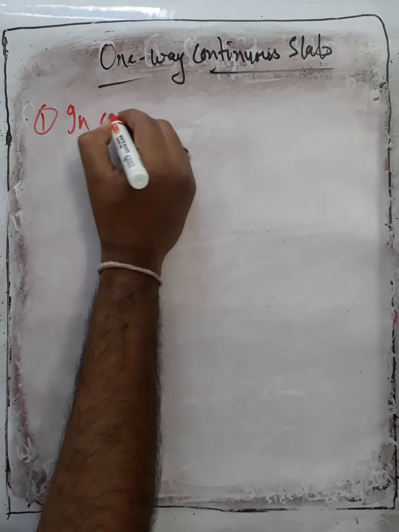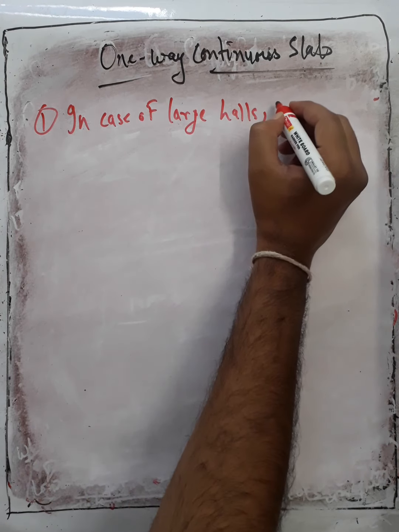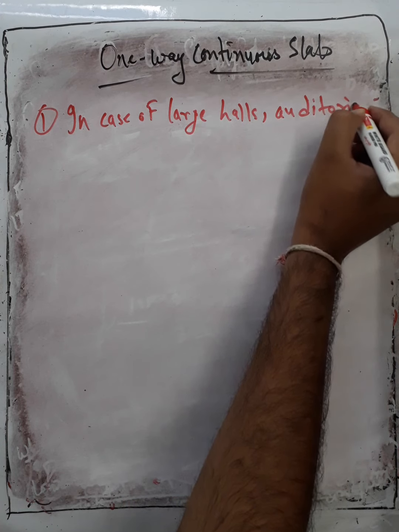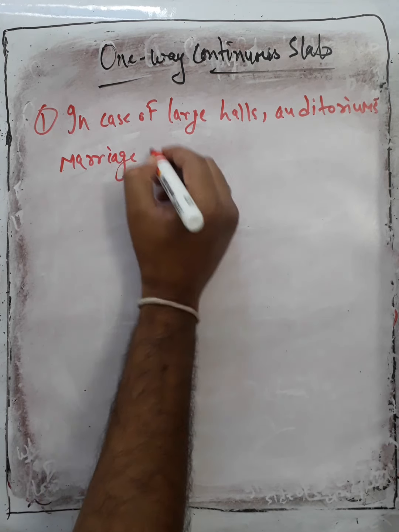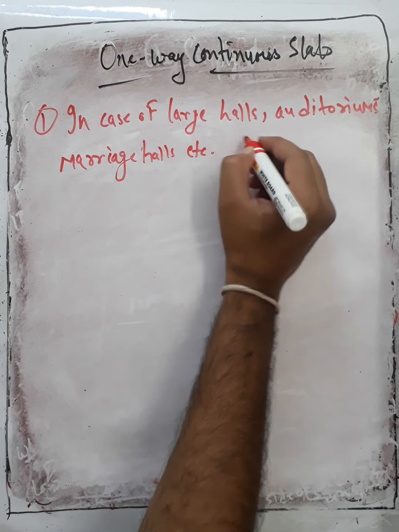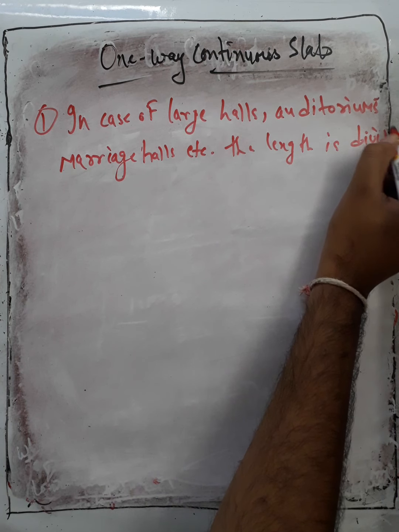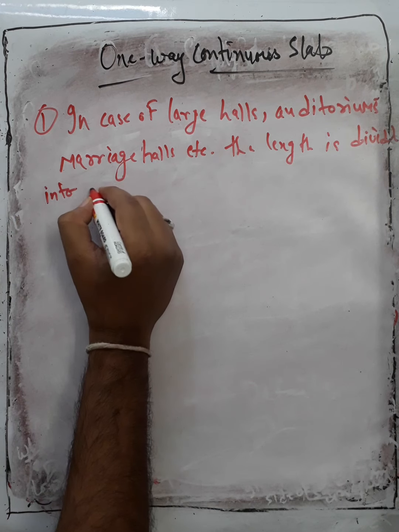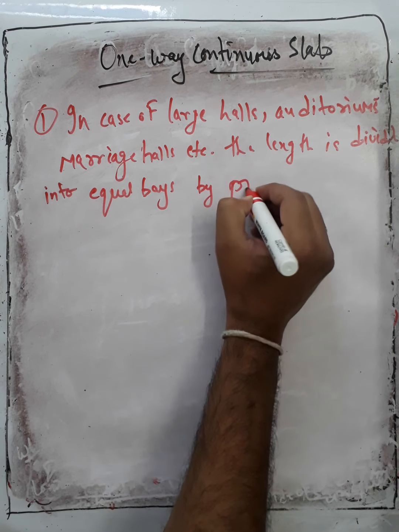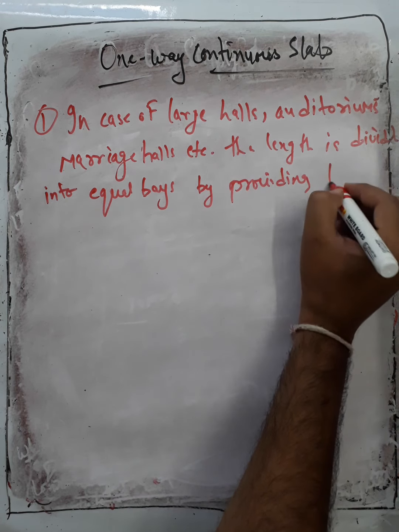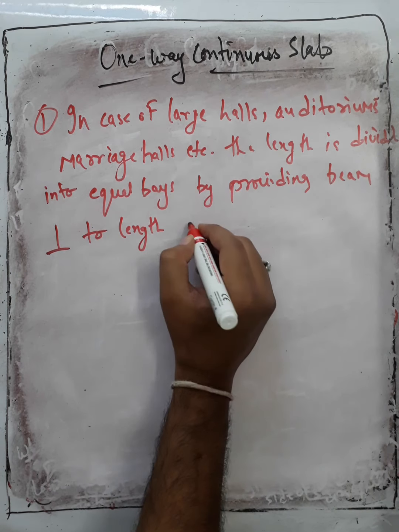in case of large halls, auditoriums, marriage halls, etc., the length is divided into equal bays by providing beams perpendicular to the length.